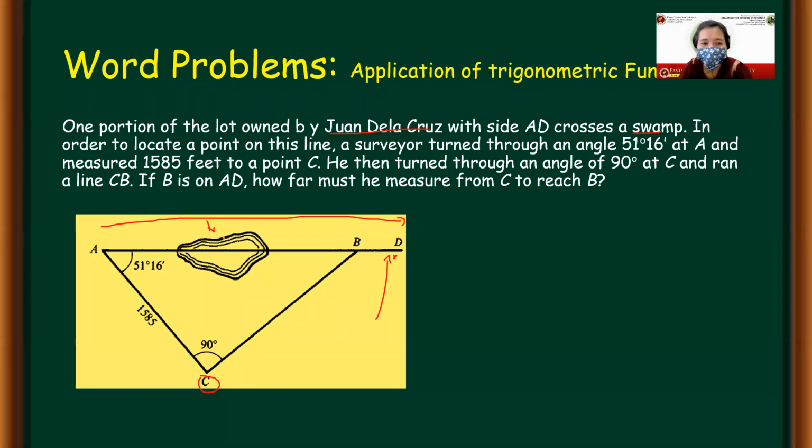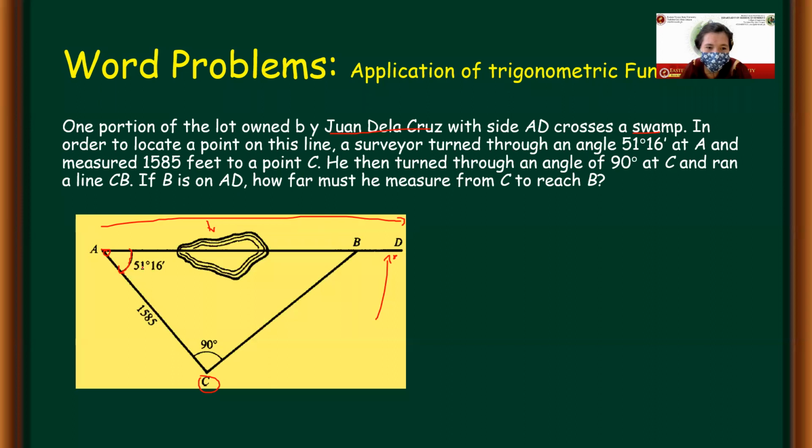Okay, what the GE did, from point A, he placed his instrument. So, just imagine the surveyor has a protractor. He puts the protractor here, and he measures the angle here. Maybe he estimated about 51 degrees, 16 minutes, so this line can be made temporary so that we can see point D on the other side.